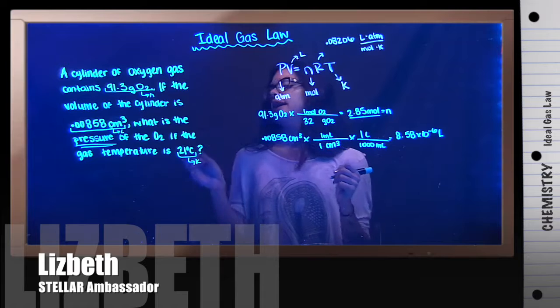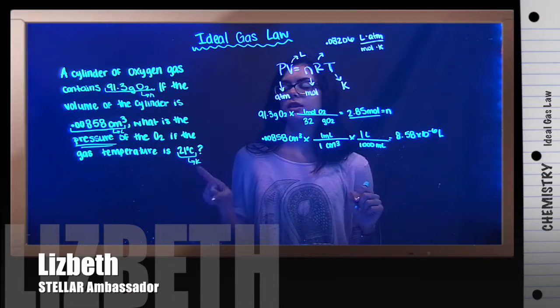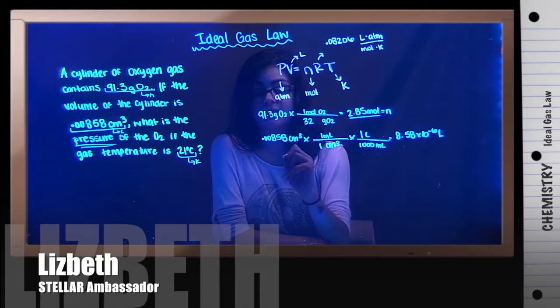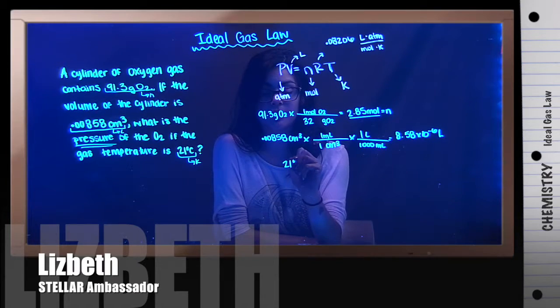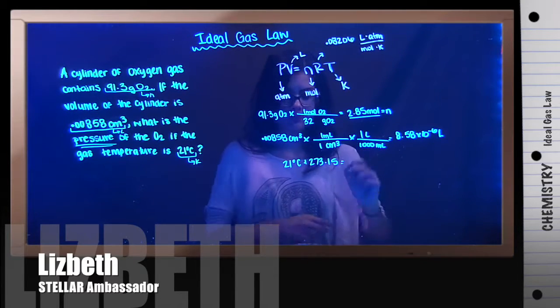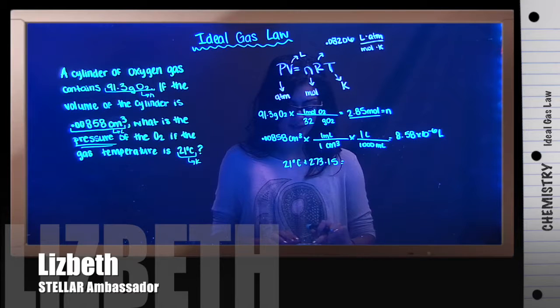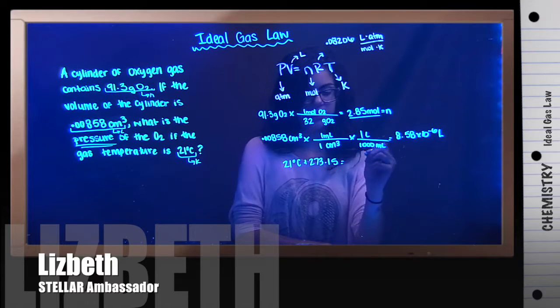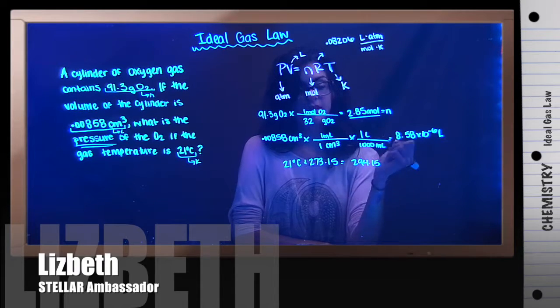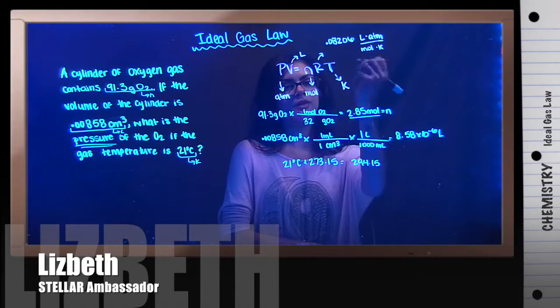Then I also have temperature, which is given to us in degrees Celsius, so I have to convert that to Kelvin. That's pretty easy. You just add 273.15, so 273.15 plus 21 gives me 294.15.